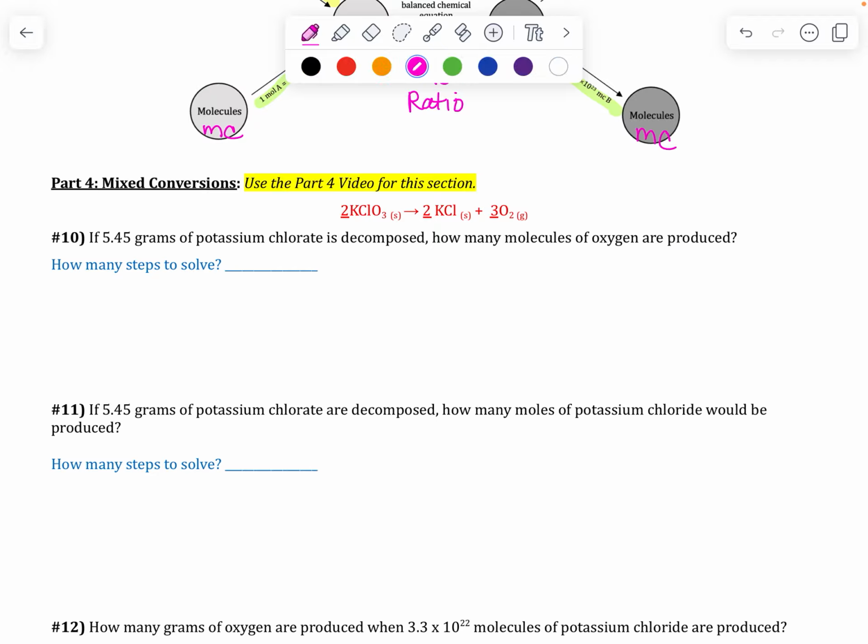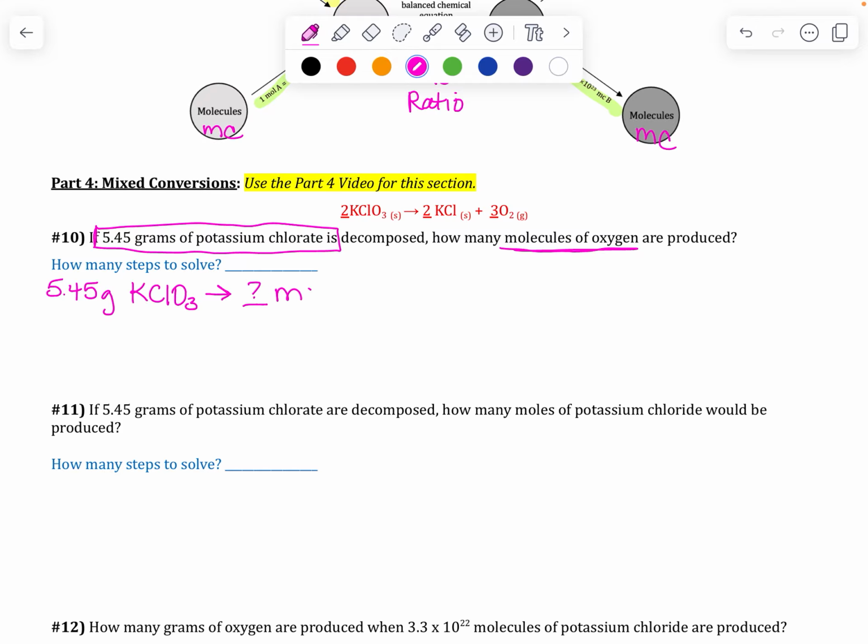And so with this, we are starting at 5.45 grams of potassium chlorate. So remembering that chlorate is one of those polyatomics, we're going to be starting at that KClO3. That was our given. And this is asking us to find molecules of oxygen.